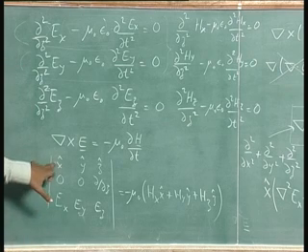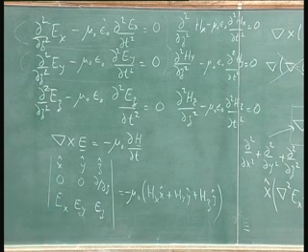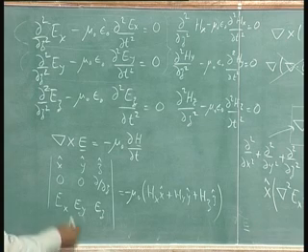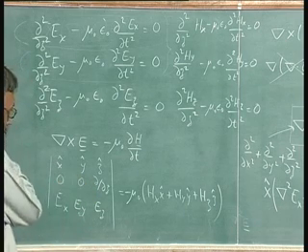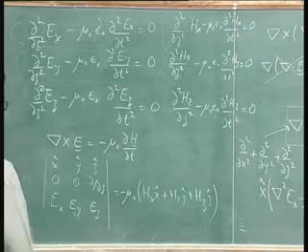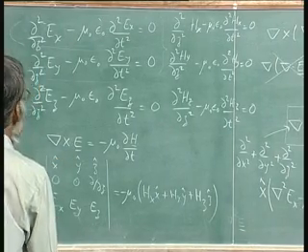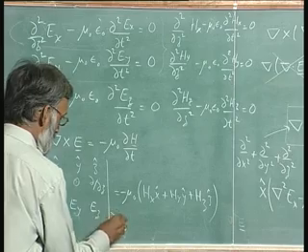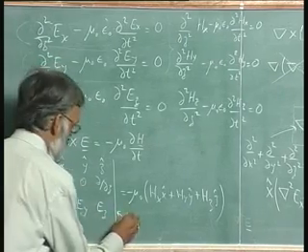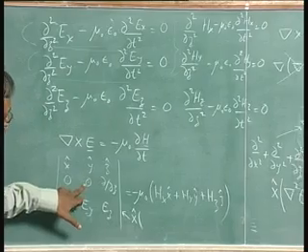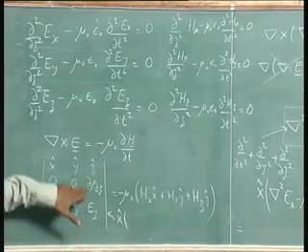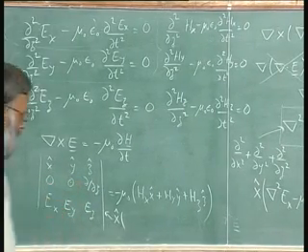Now, if you look at this curl, you can see that there are 2 zeros here. So, if I take the x component, let me write down what this will be equal to. It is x component times del del y is missing, so I do not have this term, minus del del z of E y.